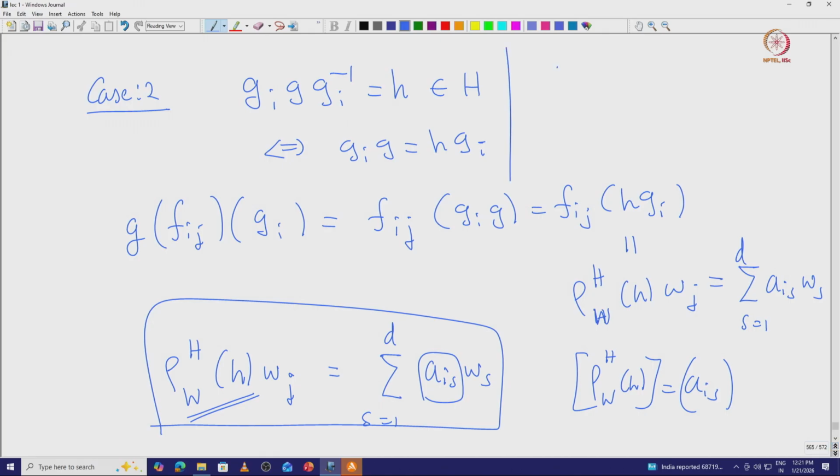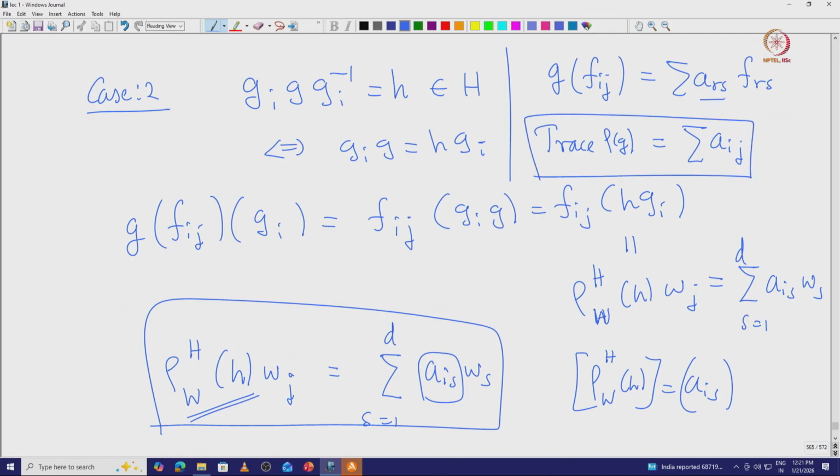We wrote g of Fij as summation Ars Frs. In particular, the trace of rho g is exactly going to be the sum of Aij, because the Fij coefficient is Aij here.